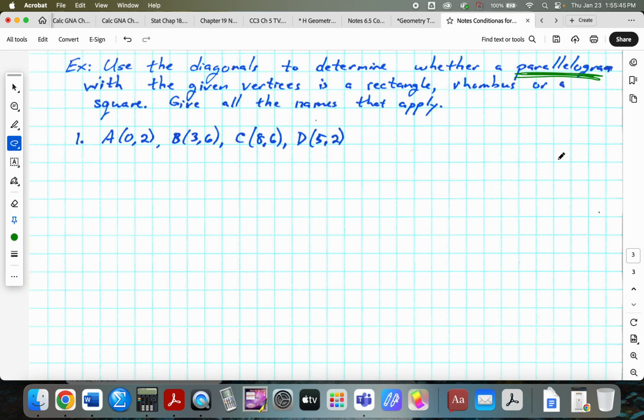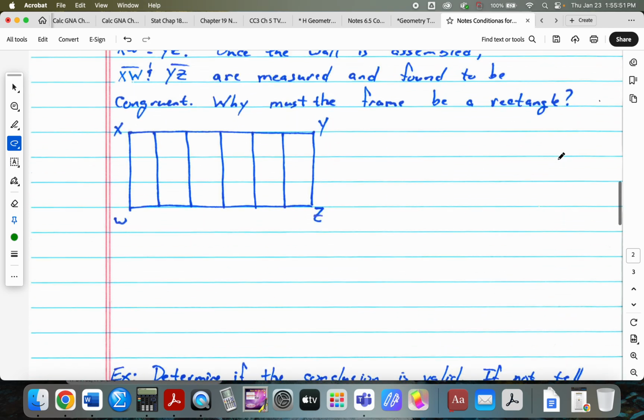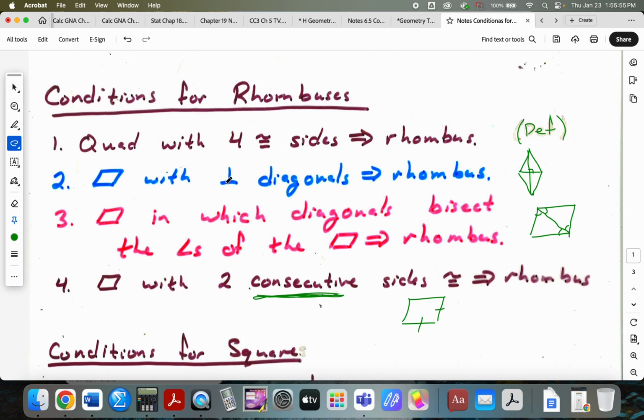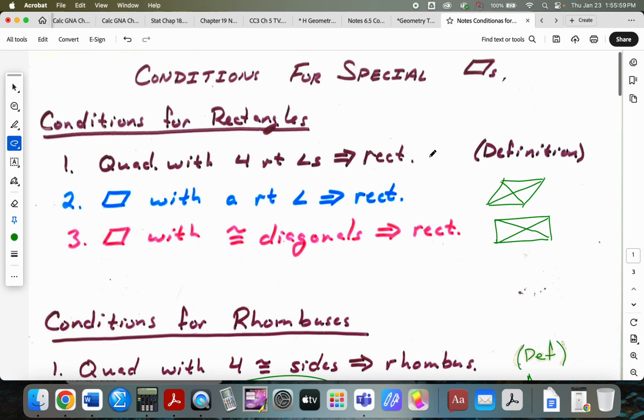It's already taken care of. So we need to look at two things. Going back up to the beginning of your notes: perpendicular diagonals makes it a rhombus, congruent diagonals makes it a rectangle. So we need to check both of those things. Are these two diagonals congruent and are they perpendicular?